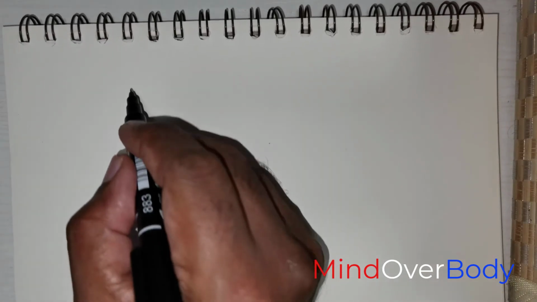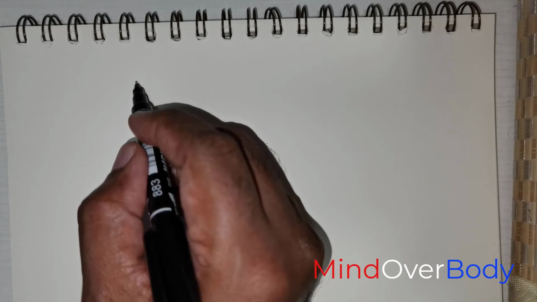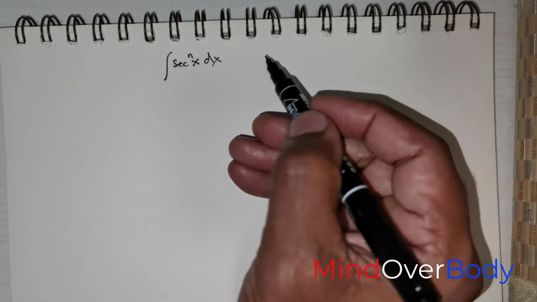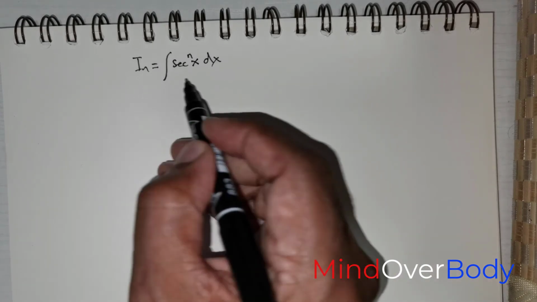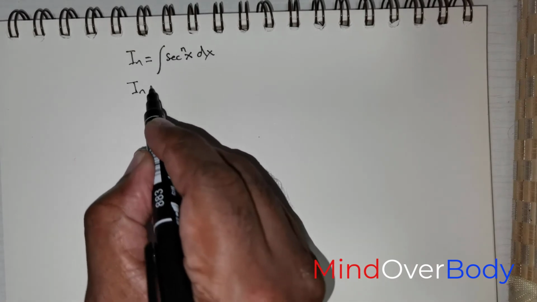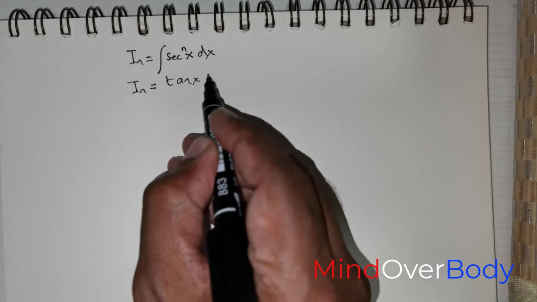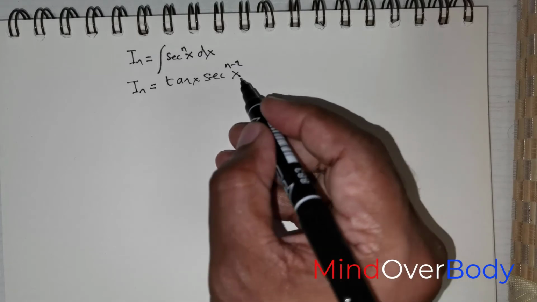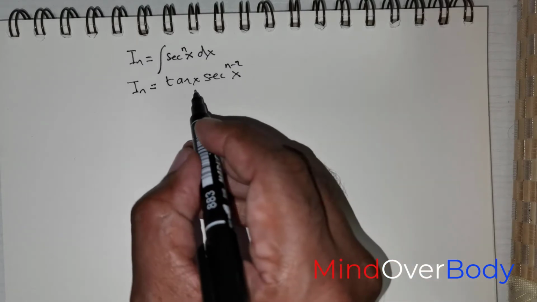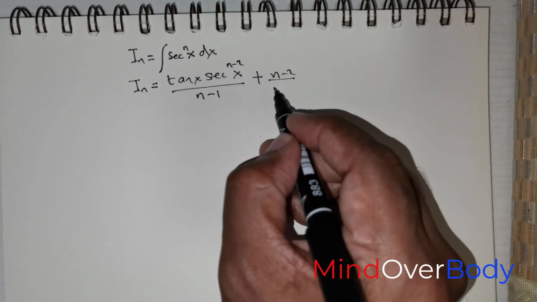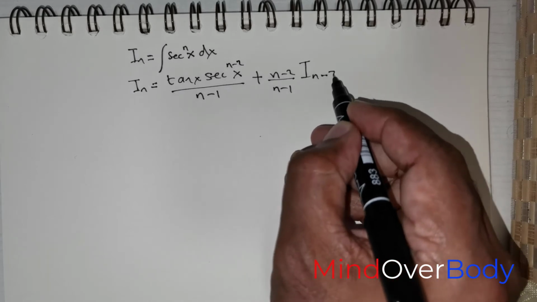Having obtained the reduction formula for sin x, cos x, tan x, and for cot x, it's time that we obtain the reduction formula for the integral of secant raised to the power of n x dx. If we take this as I_n, that would give us I_n equal to tan x times secant^(n-2) x divided by n-1, plus (n-2)/(n-1) times I_(n-2).